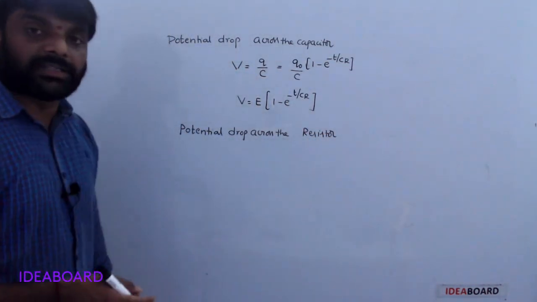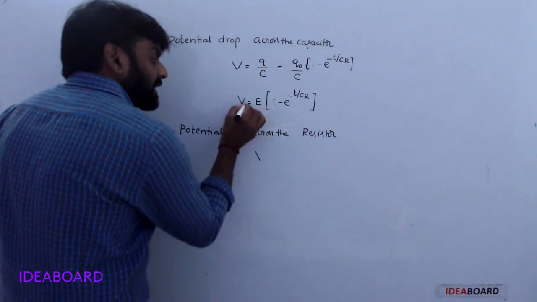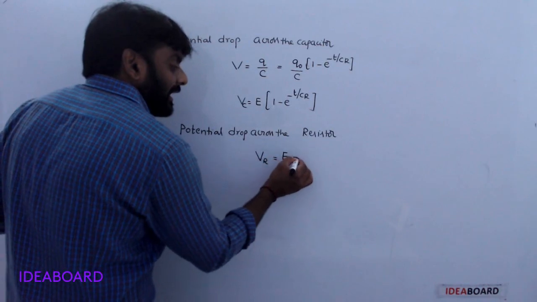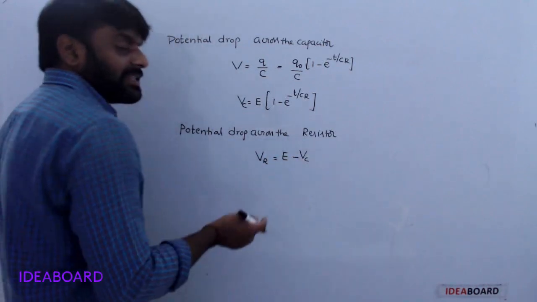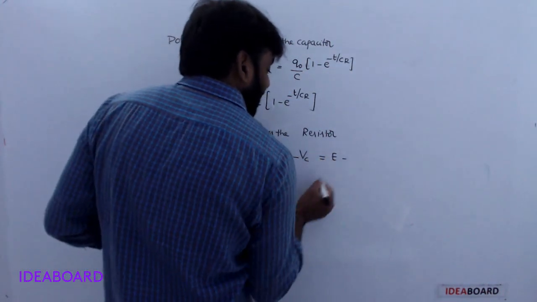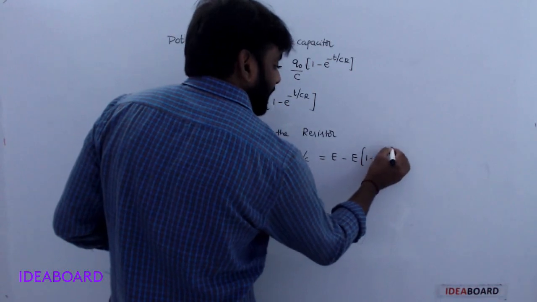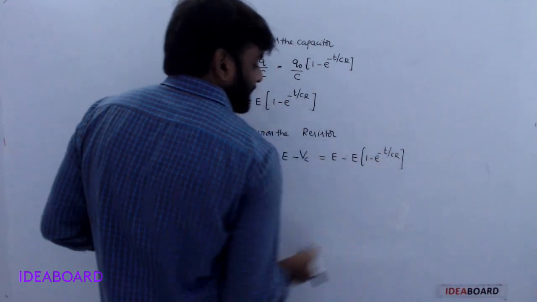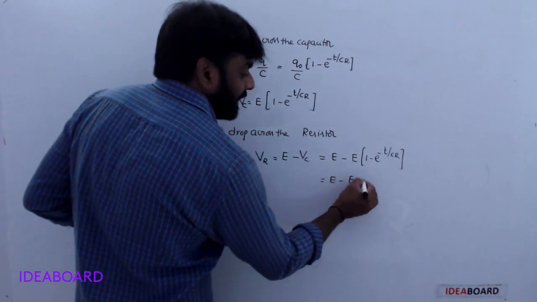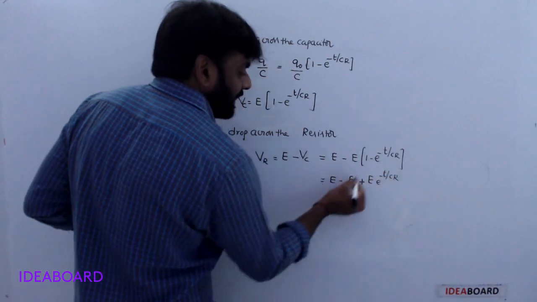VR is written as total E minus the capacitor drop VC. Understood? So E minus E into 1 minus e power of minus t by CR, which is E minus E plus E into e power of minus t by CR.